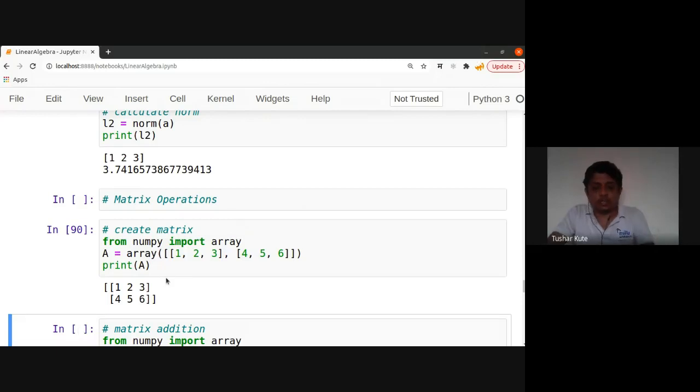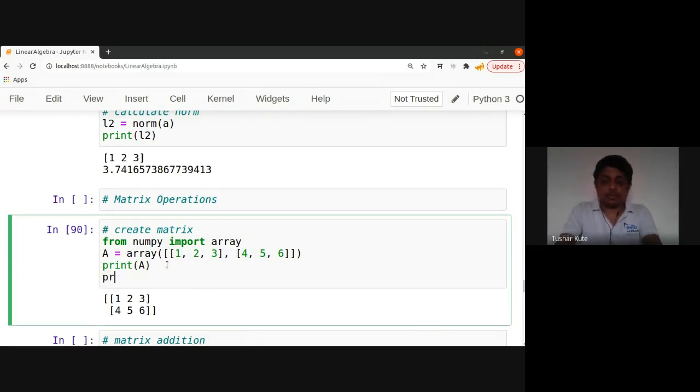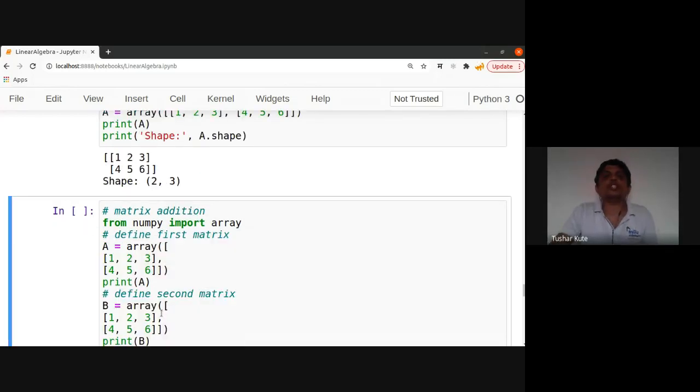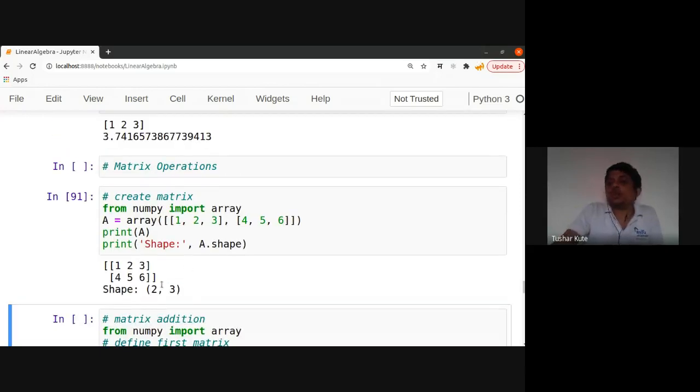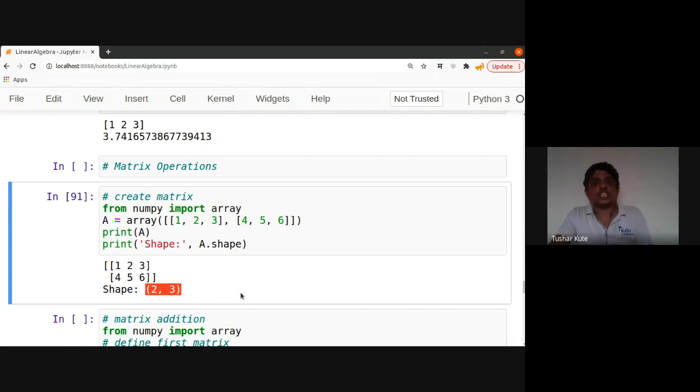One more thing to note: you can check the shape of it by printing A.shape. So the shape is 2 by 3: 2 rows and 3 columns. The return is a tuple, which is unmodifiable. You cannot modify the shape of this matrix. Remember that. 2 by 3, creating a matrix.